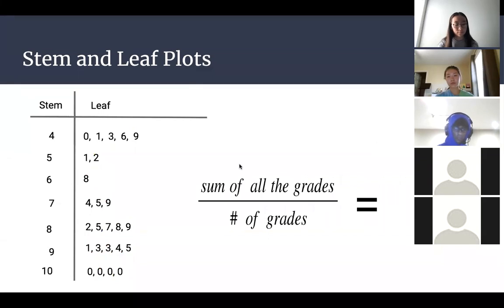Okay, and now let's say the teacher wants to find the average score from her class. So find the mean of this data set as quickly as you can.